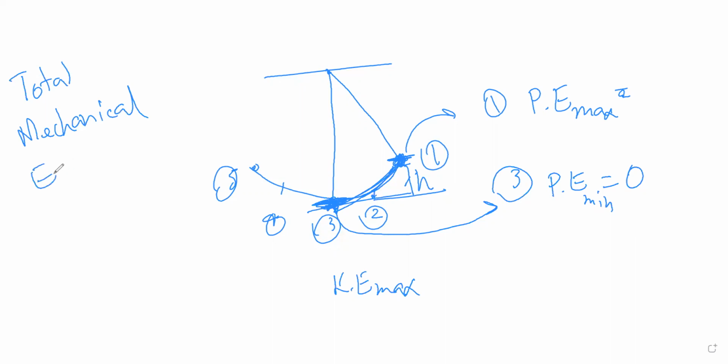Total mechanical energy is potential energy plus kinetic energy. See, if our potential energy is maximum here, then we will not have any room for kinetic energy, meaning it's not moving, so it's 0. So potential energy is max and kinetic energy is 0 at position 1.